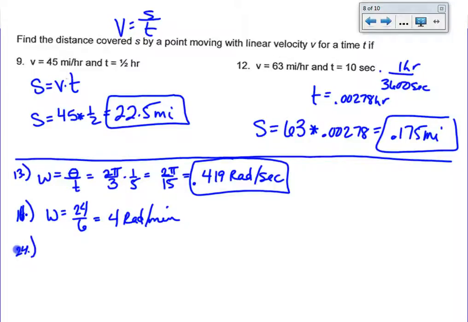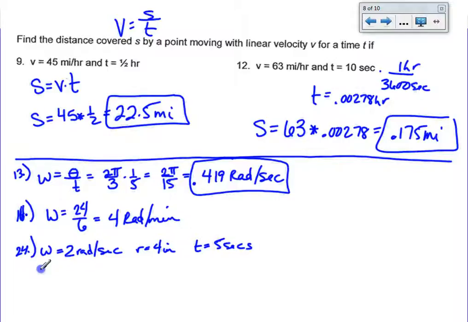And when you get to 24, this time they want you to find, oh, interesting. So on 24, they give us some clues. They tell us that our angular velocity is 2 radians per second. And then for our radius, they tell us it's 4 inches. And then for our time, they tell us it rotates for 5 seconds.